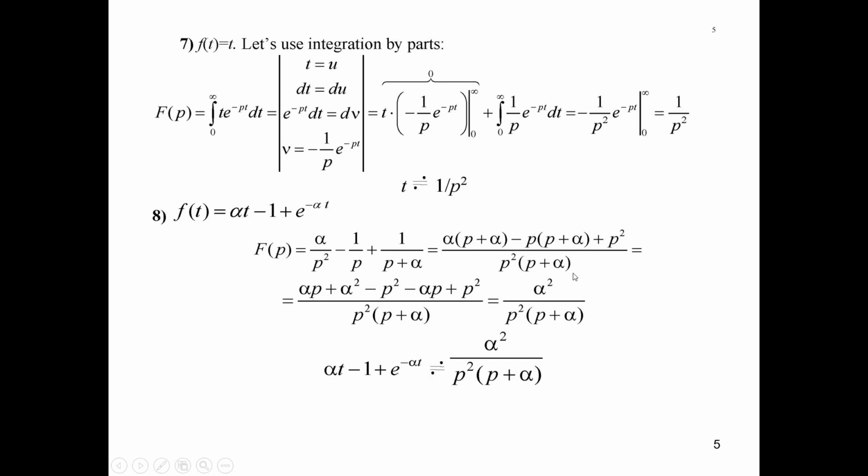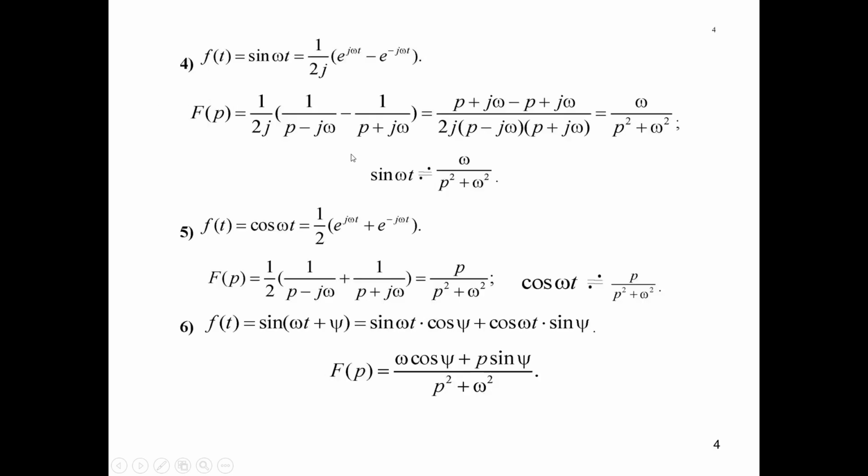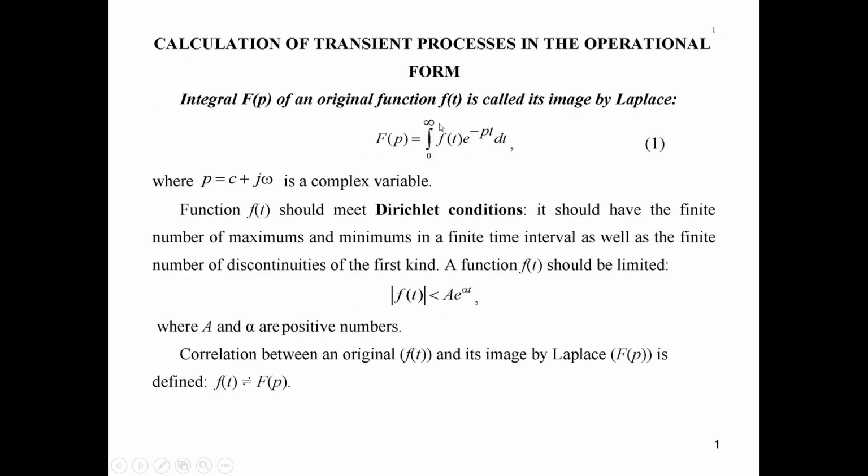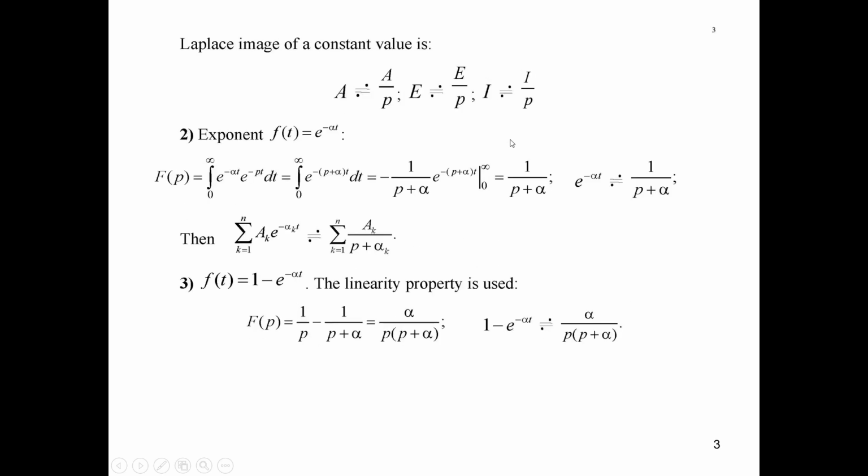Okay. Then let's consider the function phi of t equal to t. To get its image by Laplace, let's integrate it by parts. We should substitute, instead of phi of t, t multiplied by e to the degree minus pt, by dt.